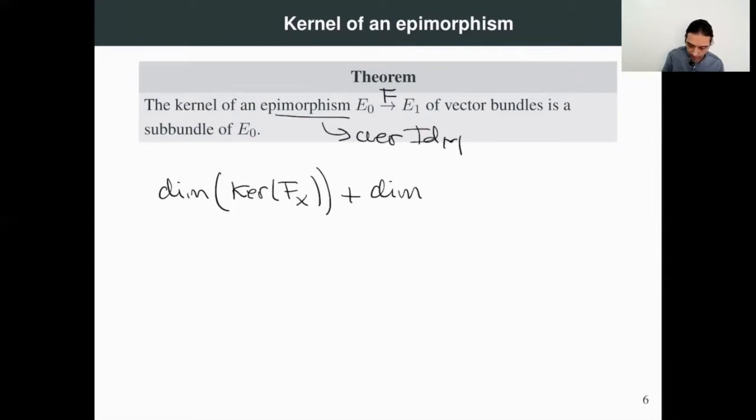So we have this dimension, and the sum of these dimensions is actually the dimension of E sub 0x.